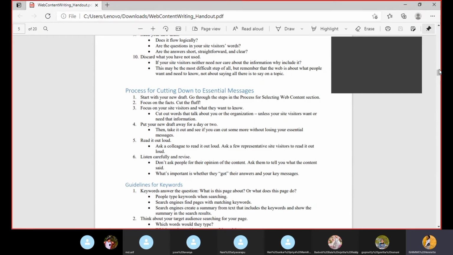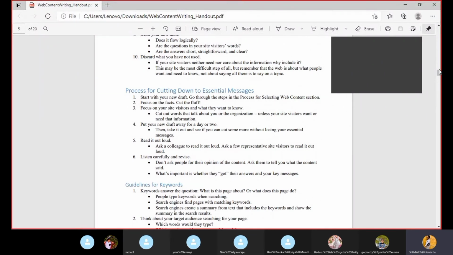So step 1 is about starting with your new draft. You take the new draft and go through the process of selecting the web content section. In this process of cutting down to the essential messages, you take the new draft and go through all the 10 steps in web content writing.